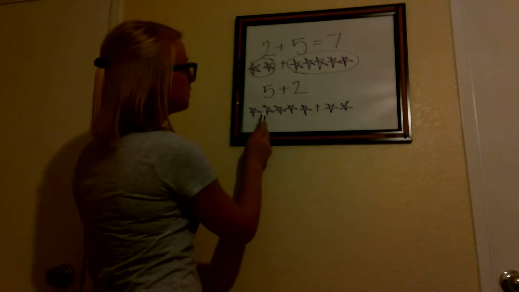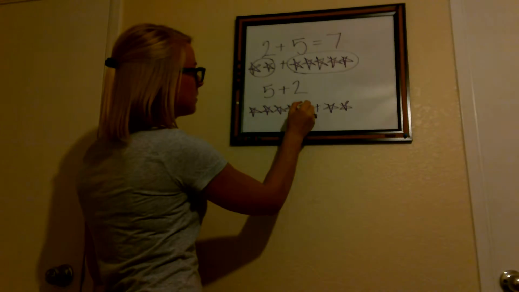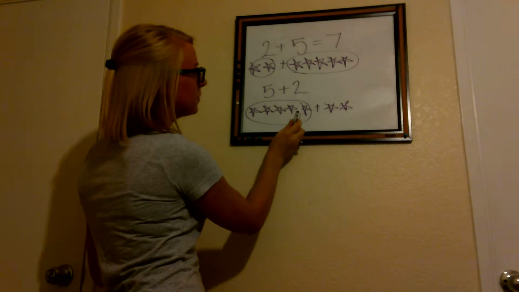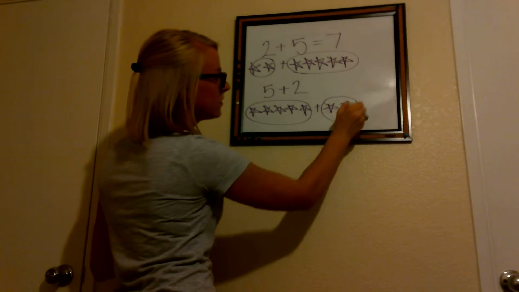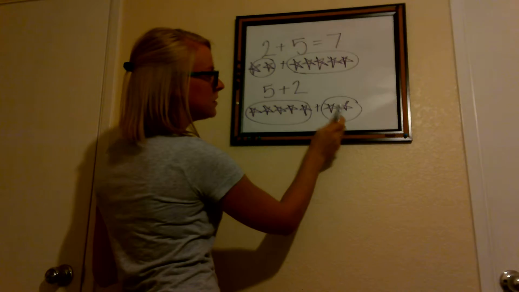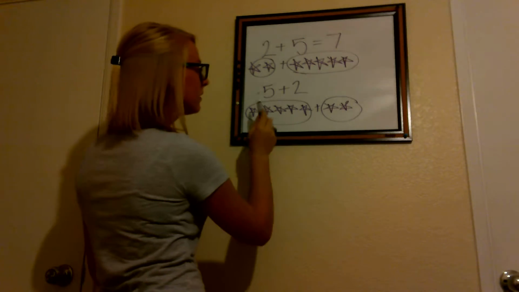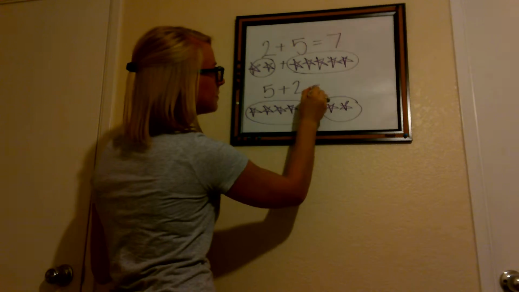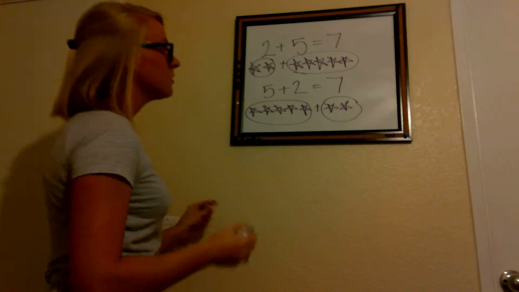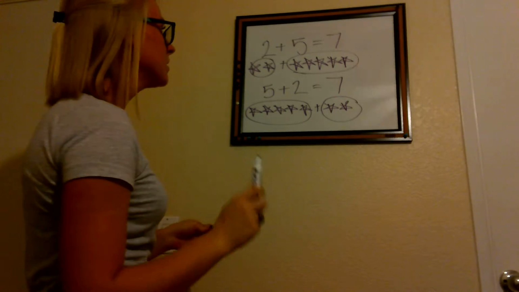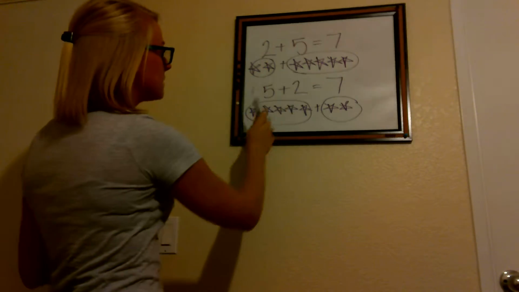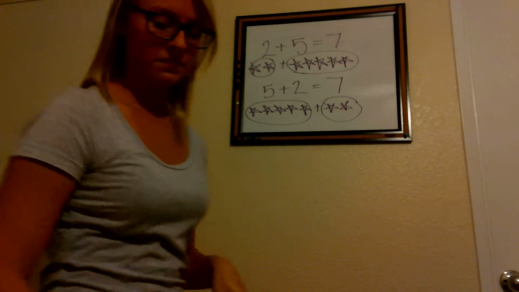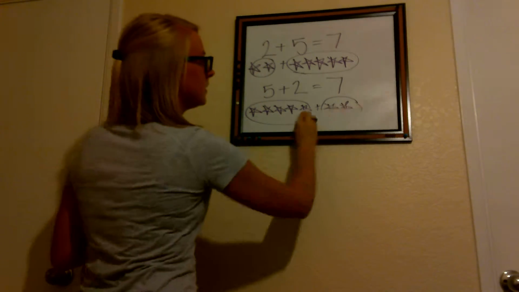For the second one, we have a group of 5 stars, 1, 2, 3, 4, 5, plus a group of 2 stars, 1, 2. Let's add them together: 1, 2, 3, 4, 5, 6, 7. So, even though we rearrange the numbers, 2 plus 5 equals 7, and 5 plus 2 equals 7. Alright.